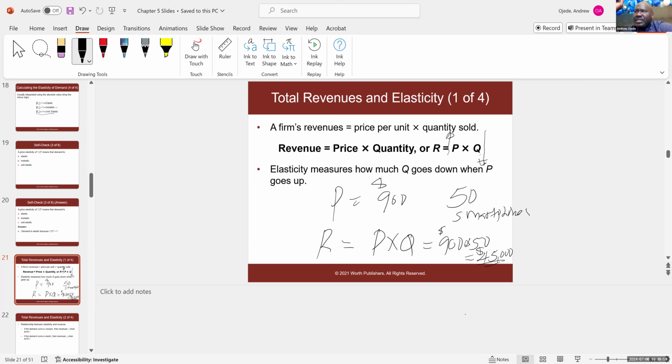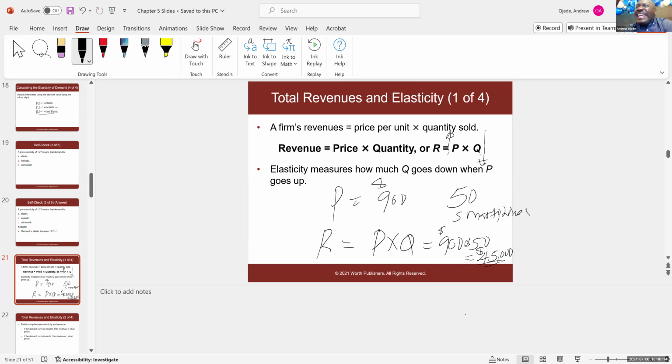If the price goes up by 1 percentage point, consumers are going to reduce the quantity demanded by more than 1 percentage point. So for goods which have got elastic demand, if you raise the price of your product, revenue is going to fall.